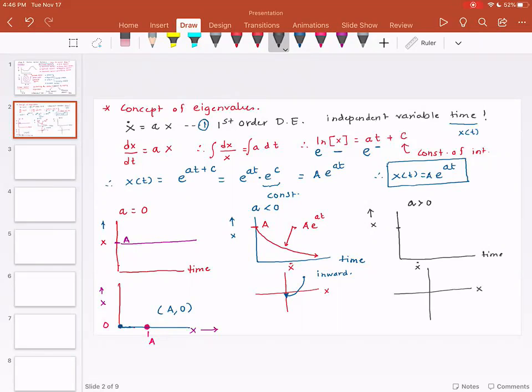So you would start with A, and then it will go up, A e to the at. Now, if you look at the way this system will behave, this system would behave something like this. So this is outward.